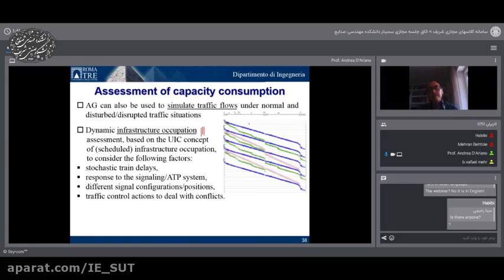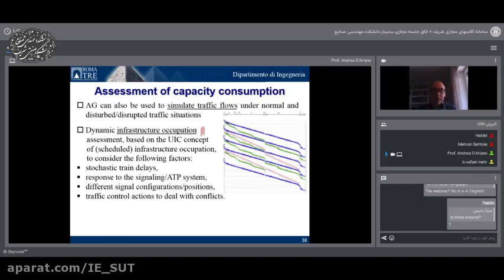But dynamic. So dynamic means that we were dealing with the infrastructure occupation in case of stochastic delays, in case of different types of response and of the signaling system and automatic train protection system, different types of ERTMS level from level 1 to level 2 at the time, and the different configurations and position of the signals.